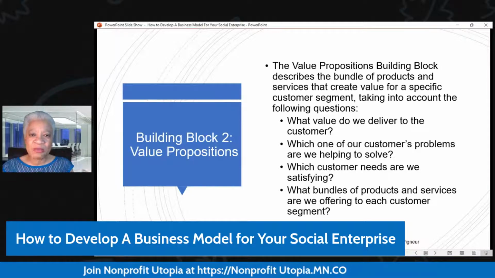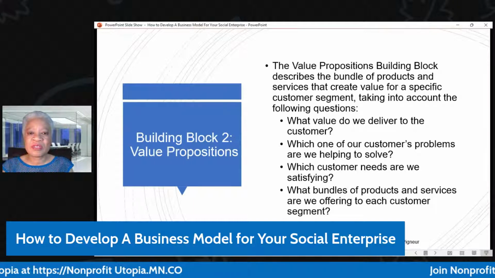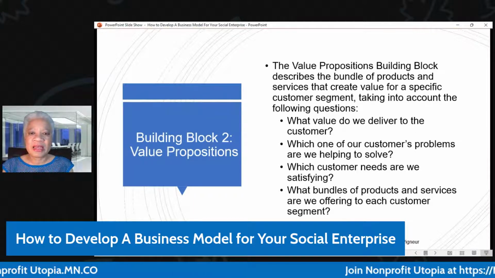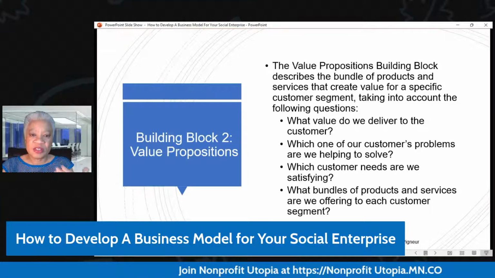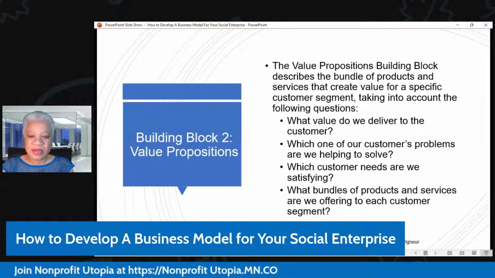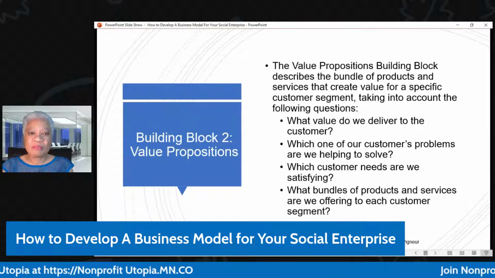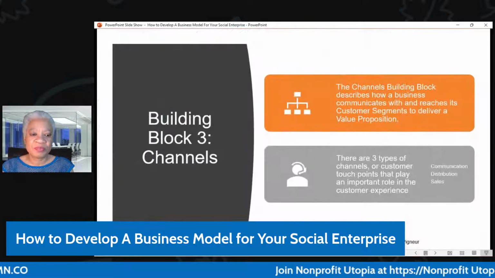We have 50 million problems, but we can only be laser focused on a few problems at a time. So your value proposition should be focused on just a few problems at a time. So what customer needs are we satisfying? And what bundles of products and services are we offering each customer?